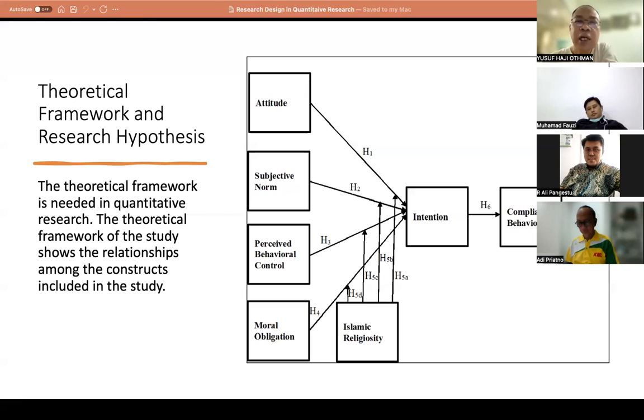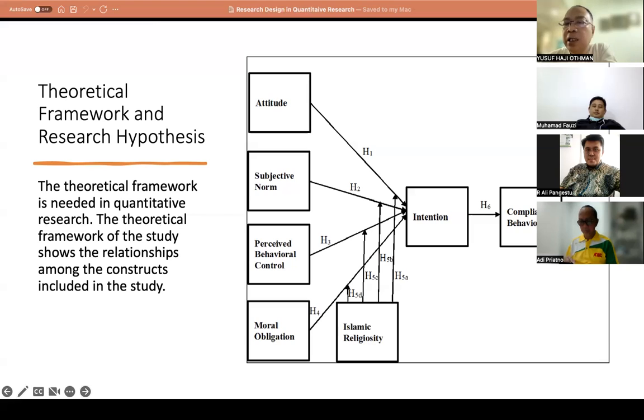So like we discussed before, it's a good idea that your framework is based on a certain underpinning theory. In this study, just for example, the underpinning theory for this framework is called the theory of planned behavior.